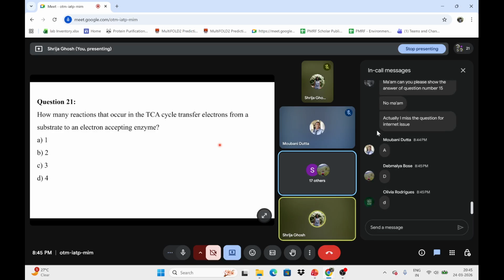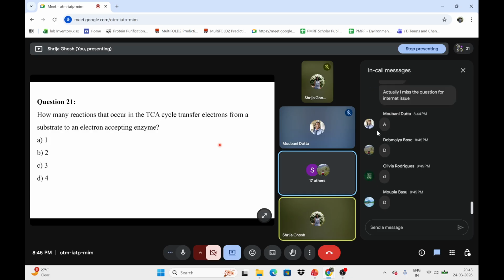One says option A and another says option D, 1 and 4. How many reactions are there in the TCA cycle that transfer electrons from a substrate to an electron accepting enzyme? All of you write your answers in the chat box.